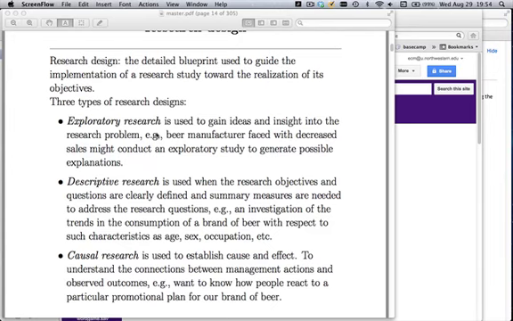Maybe it's a distribution problem. Maybe you're not in the right stores. Perhaps it's a promotion problem, so maybe your in-store promotion is bad, or maybe your advertising is bad. There could be external macro factors like cultural things, where the world is moving away from beer and moving to wine coolers.